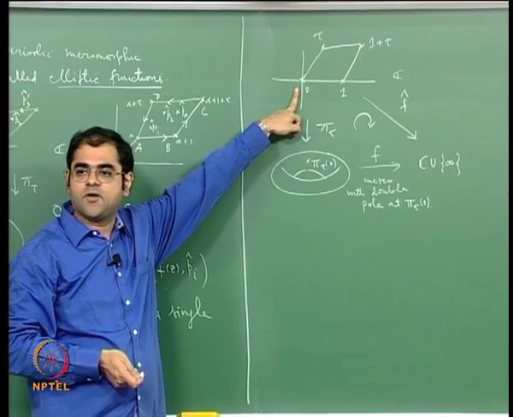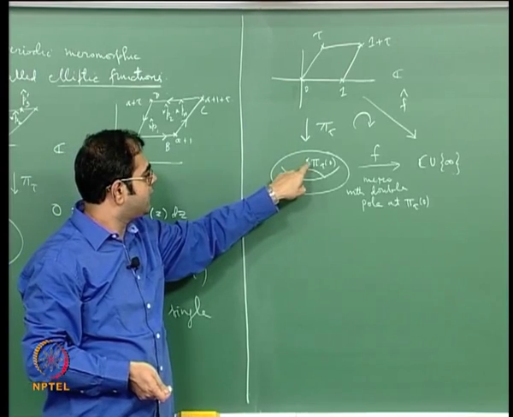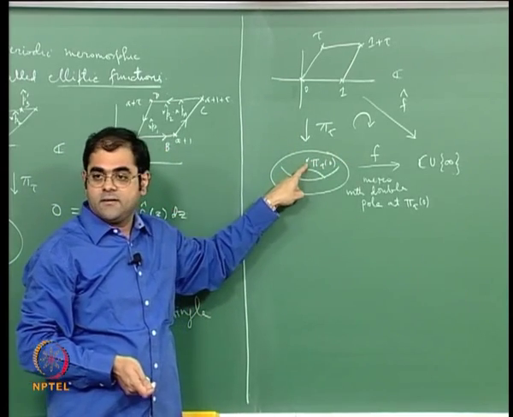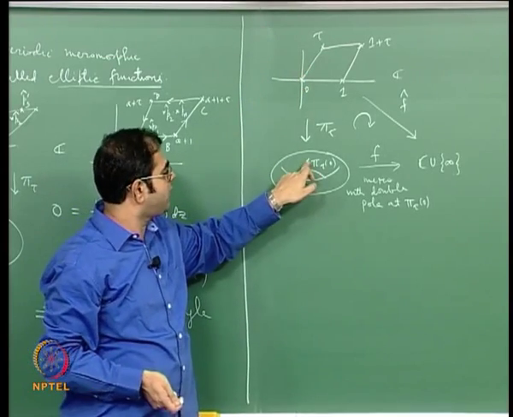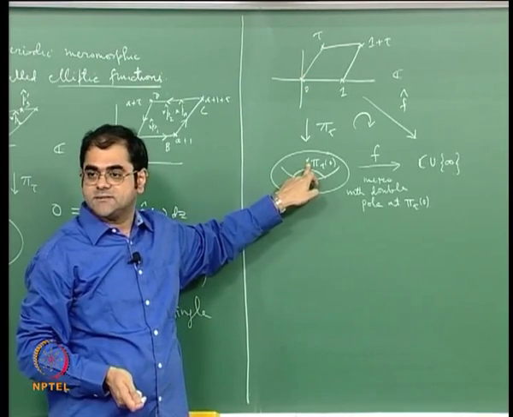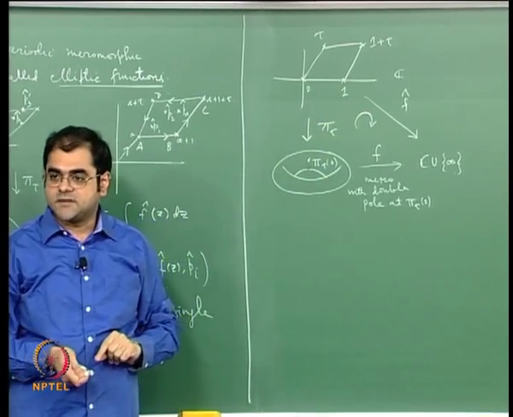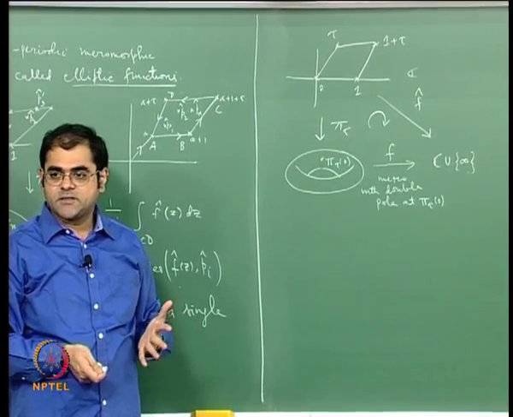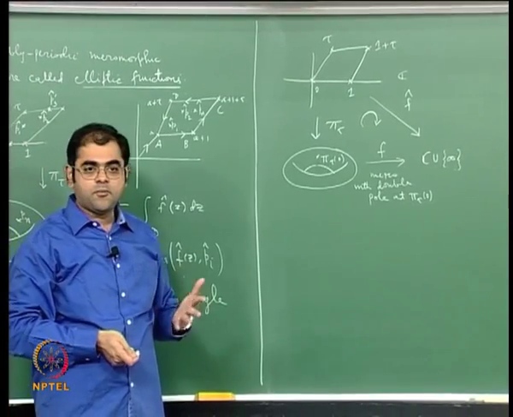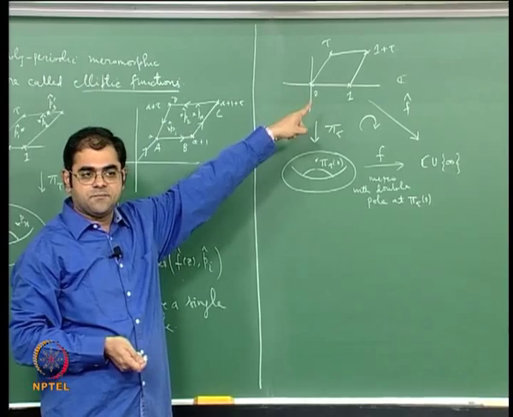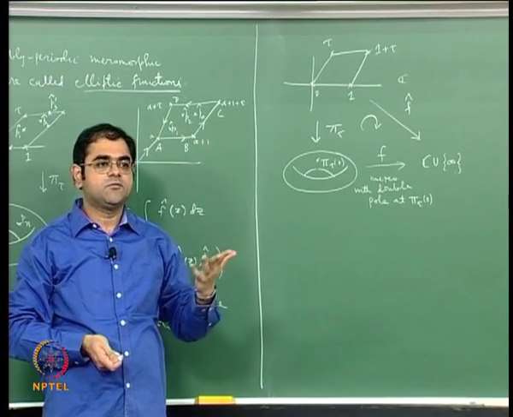It is going to have a pole of order 2 at every point, because if this function has a pole here, then the function above will have a pole at every point which is the inverse image of this point. So your f hat will be a doubly periodic function which you expect to have a double pole at every point of the lattice. What kind of function would it look like?